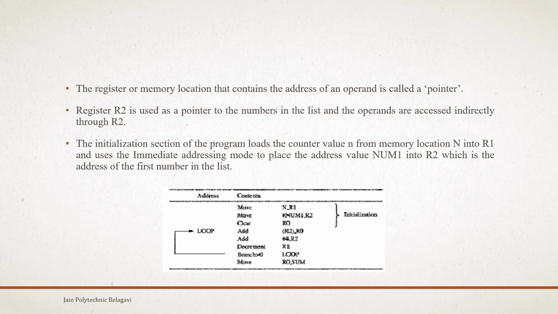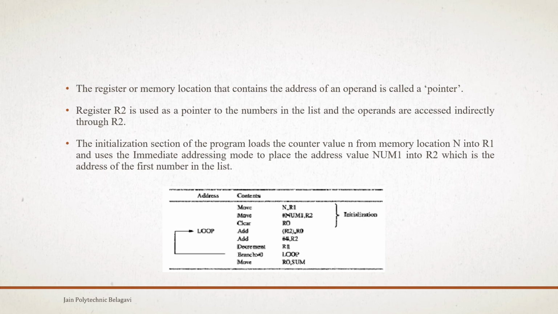So let us see how it happens. First, the initialization section of the program. The first is move n comma R1. So what it does is it moves the counter value. n is the counter value, that is, the number of numbers that are going to be added. So that counter value will be placed into the R1 register.